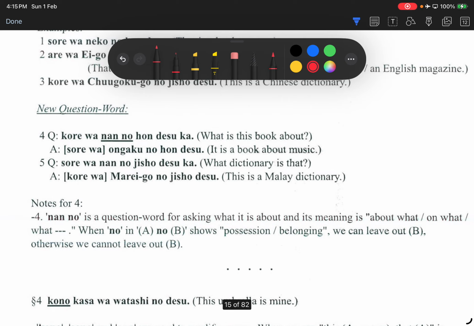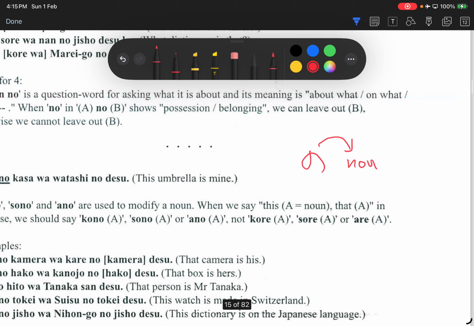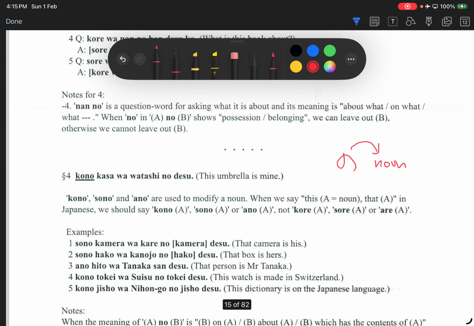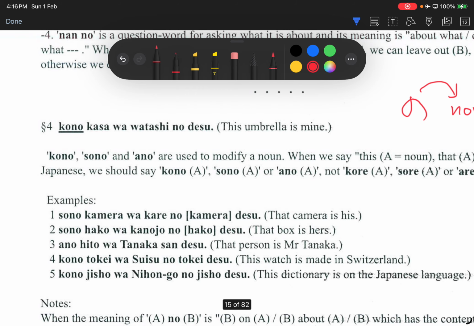Right? The item behind the no has to be a noun. Correct? So you can think of これ as like これの. You can think of この as short form for これの. So basically we only use この when we have a noun immediately after it.